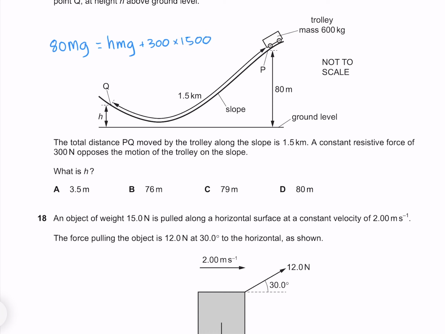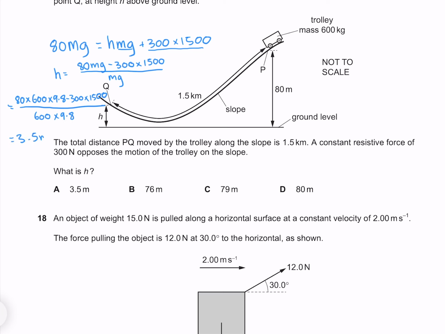Solving this for h by subtracting this term from both sides and dividing by mg, and also swapping them around. Putting our numbers in gives me 3.5 meters to two significant figures, so our answer must be A.